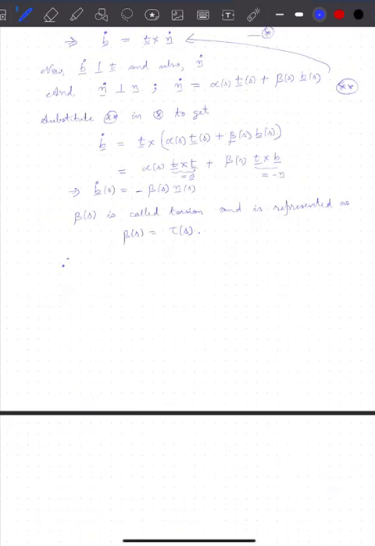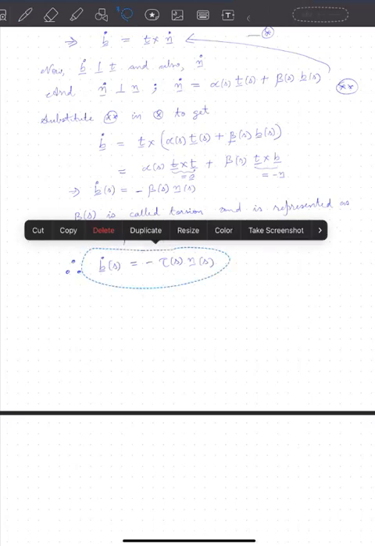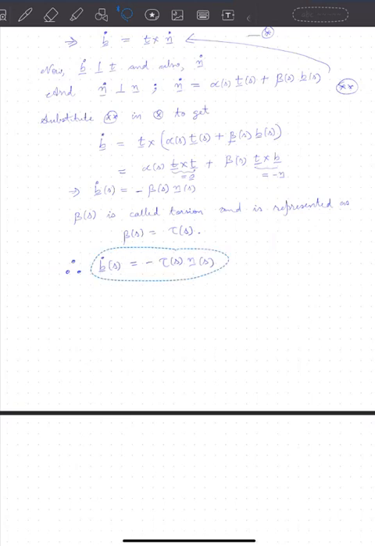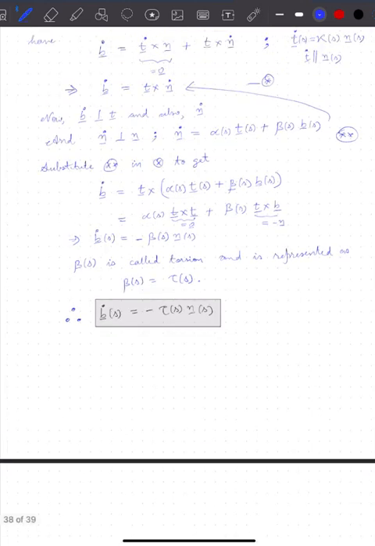Therefore, B vector dot of S is equal to minus tau of S N of S. So the expression for B dot of S, beta of S, is known.